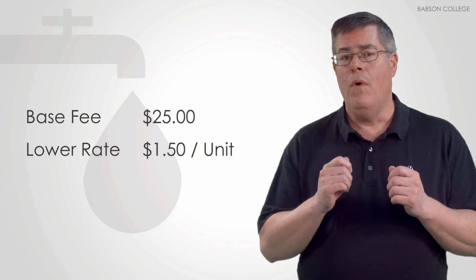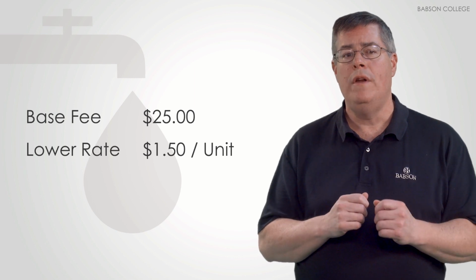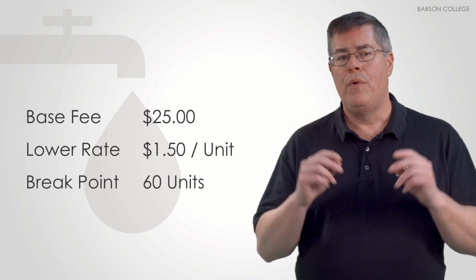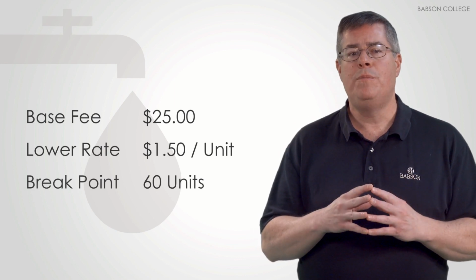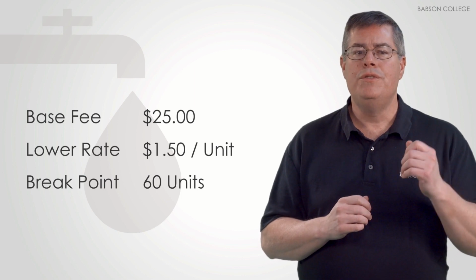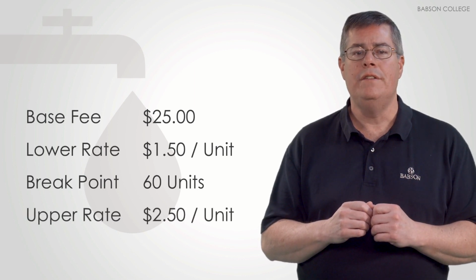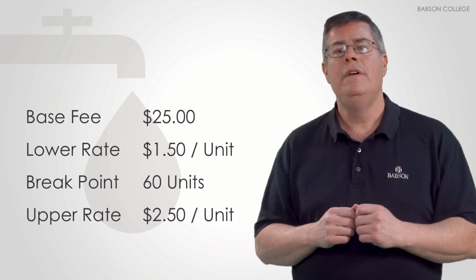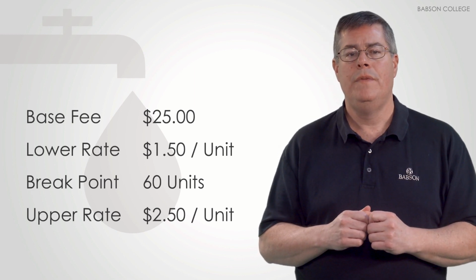Now, a unit of water in this example is equal to 100 gallons. Presently, the limit, or break point, is 60 units per quarter, or 90 days. Last, users are charged $2.50 per unit for every unit of water used above the 60 unit threshold.